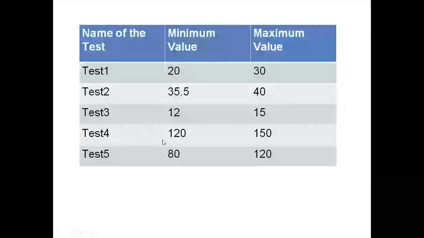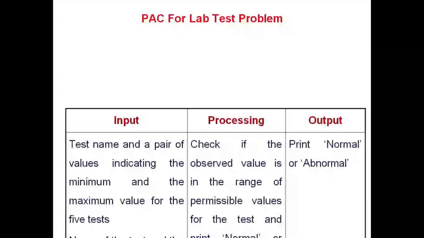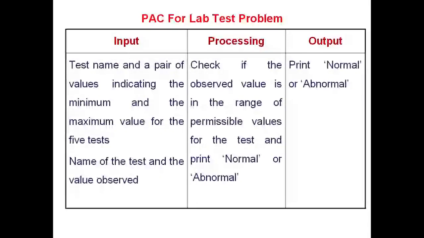When we do this manually, we see this table and say whether it is normal or not. But when you code it, first of all we have to read the table values and store them. And then you will read the real value for one particular patient, what is the reading for test 1, test 2, like that, and then you will compare and say whether it is normal or abnormal.